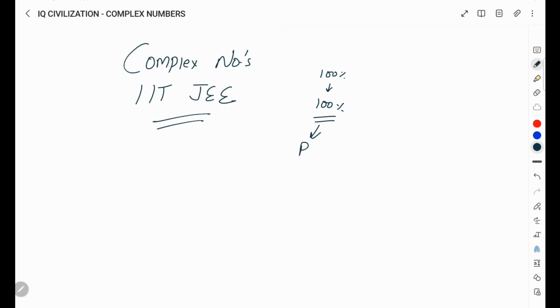That is the reason percentile is given, not percentage. For example, in 100 questions, if the topper is able to answer 80, then we should also be able to get somewhere near 70 to 80, so that we will also get a good score.